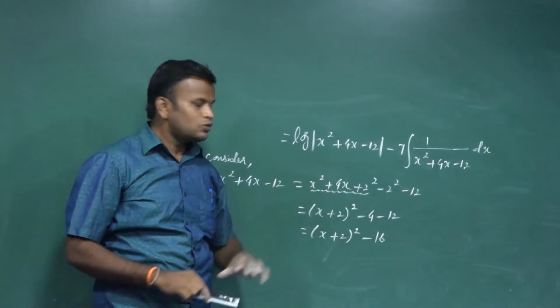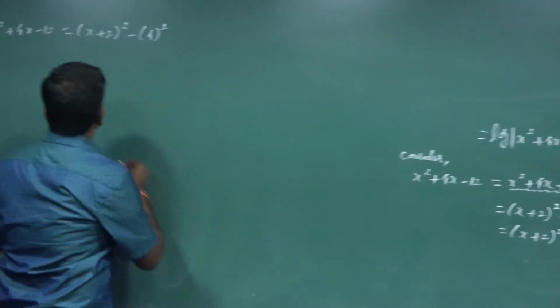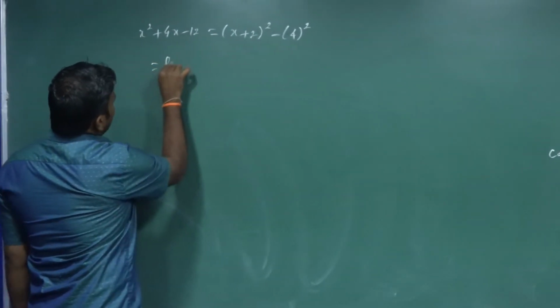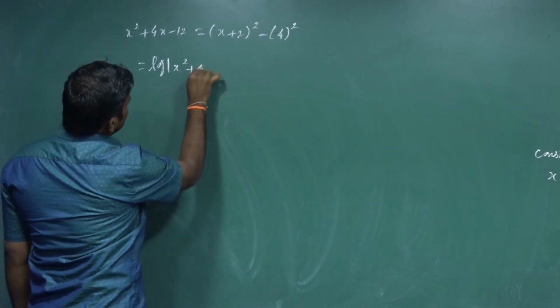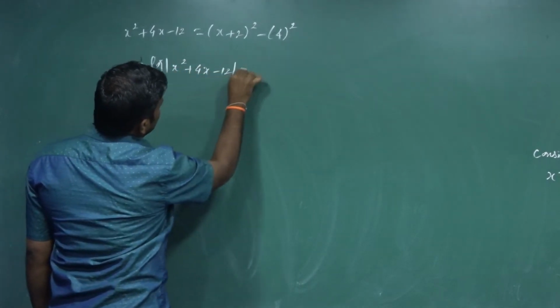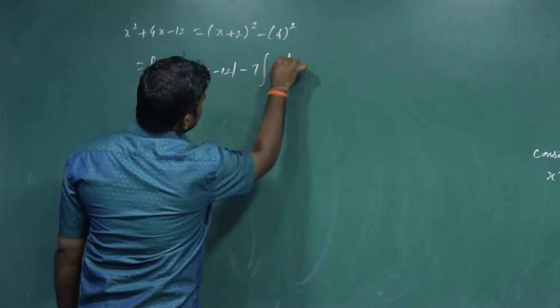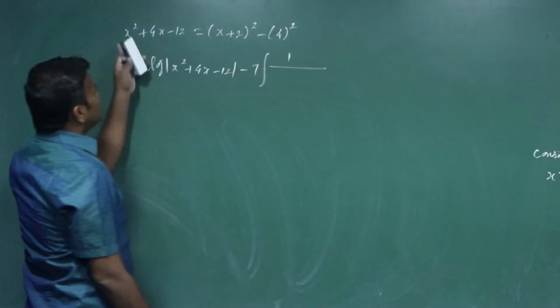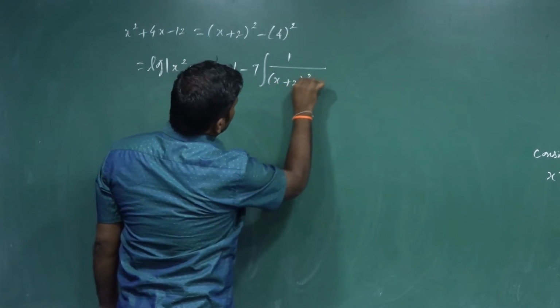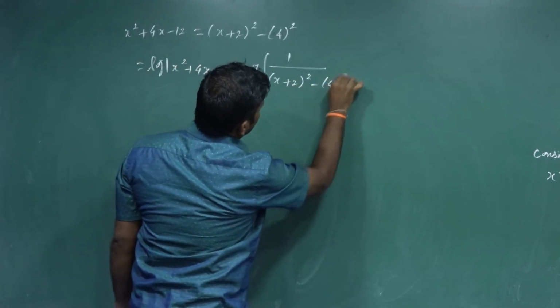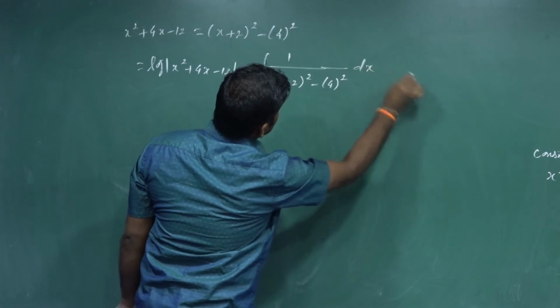So the first step is no change. We write log of modulus x square plus 4x minus 12, minus 7 already lies outside, 1 divided by x plus 2 the whole square minus 4 square into dx.